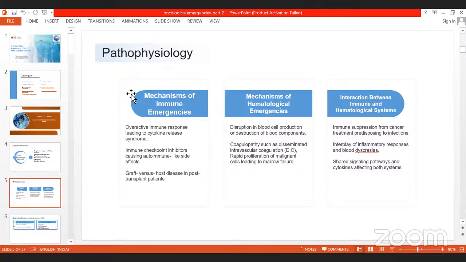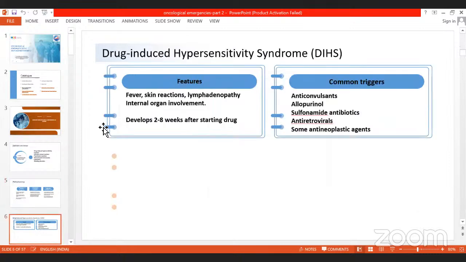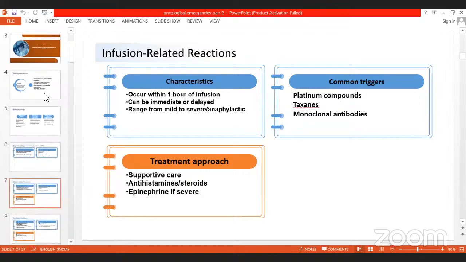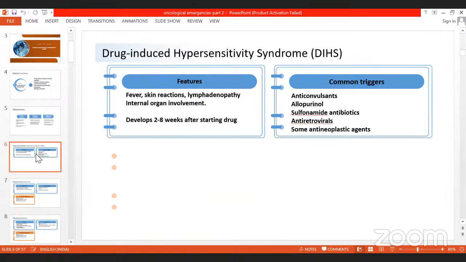All these are mechanisms for immune emergencies. Because of the interaction between the immune and hematological systems, this is a common pathophysiology seen with immunohematological emergencies.